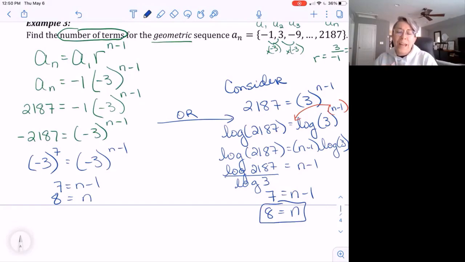What we did on the right-hand side, we did not divide by the -1. We did not divide by the negative of the 3, otherwise the 2187 would become negative. All we did is we said, okay, we want to solve this equation. In order to get an exponent out of the exponent position, we would take the logarithm or put them in like bases.